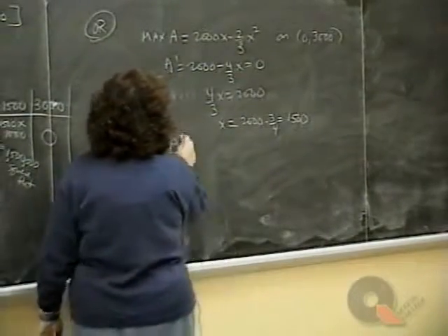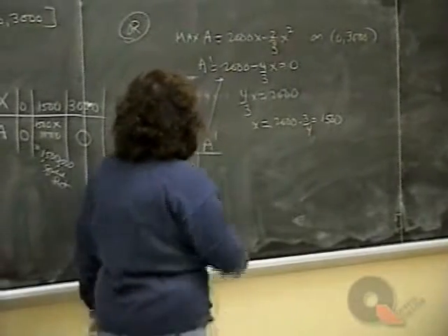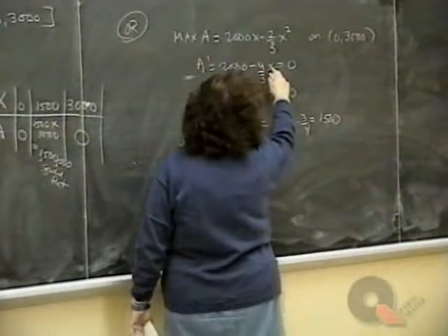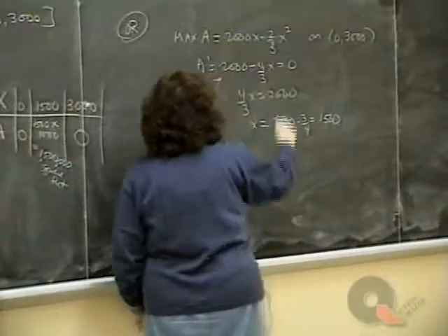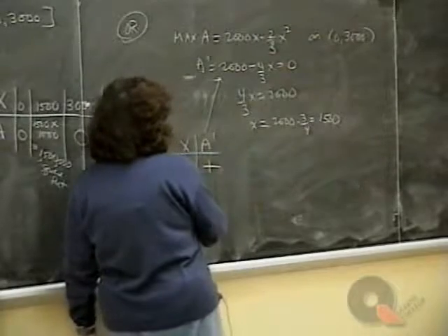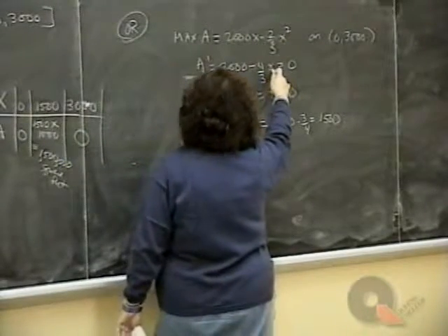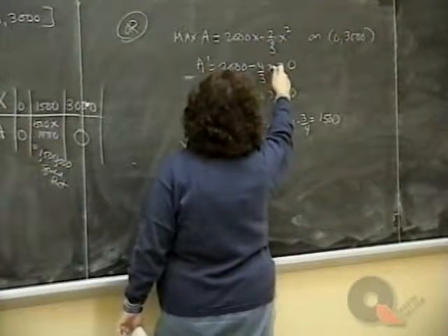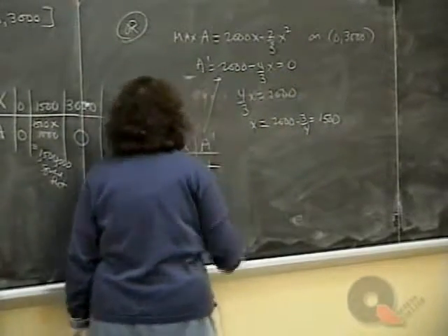But I substitute now into a prime, not into a, but into a prime. Substituting 1,200, 3 goes into 1,200 400 times, 4 times 400 is 1,600. 2,000 minus 1,600 is positive. Substituting in 1,800, 3 goes into 1,800 600 times, 4 times 600 is 2,400. 2,000 minus 2,400 is negative.